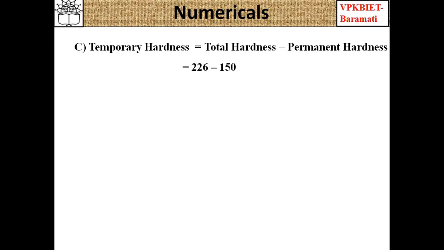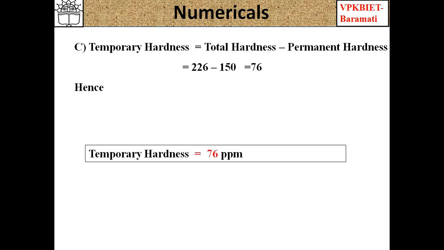So temporary hardness is equal to 226 minus 150, that is 76 ppm CaCO3 equivalent. So the total hardness is 226, the permanent hardness is 150, and the temporary hardness is 76 ppm CaCO3 equivalent.